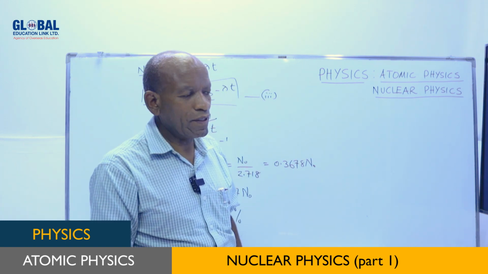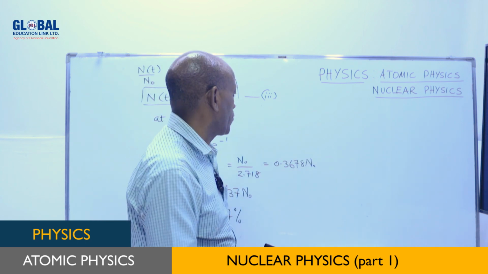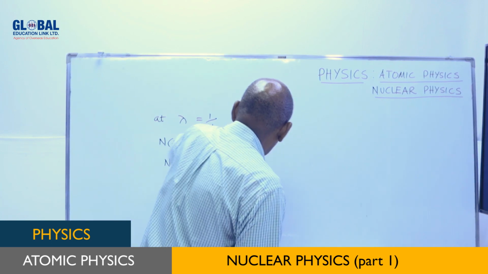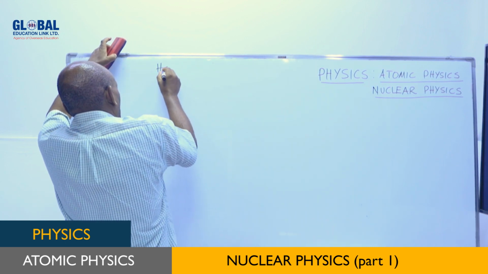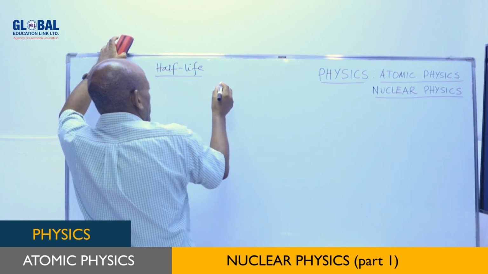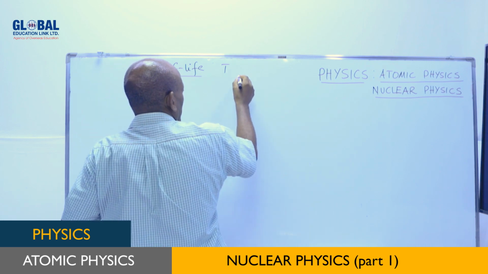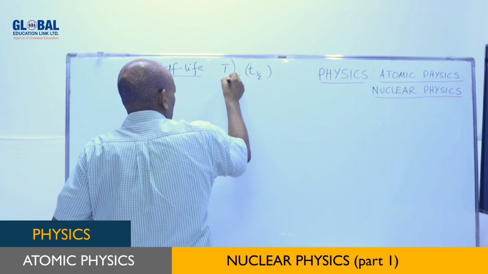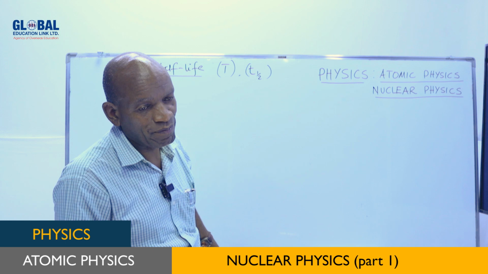Okay, so having looked at the decaying constant, let us go and look at the half-life of the radioactive sample. The half-life can sometimes be abbreviated with the capital T, or in some other books they take this as T1/2. This is the half-life of the radioactive sample.